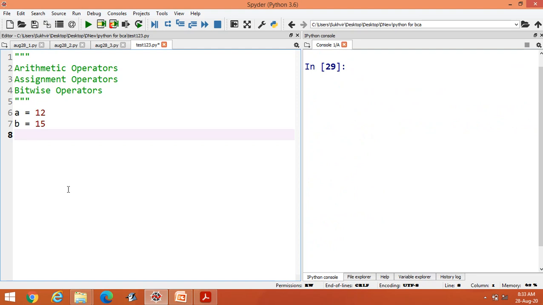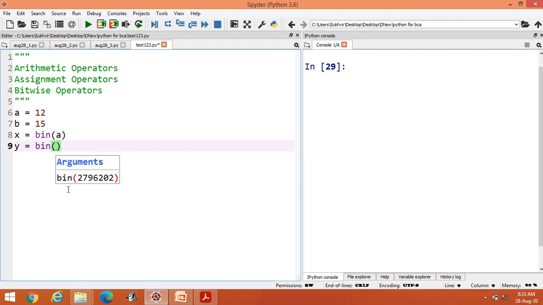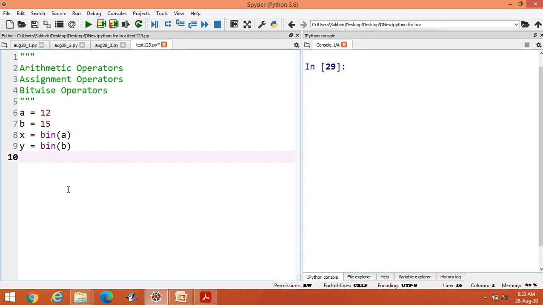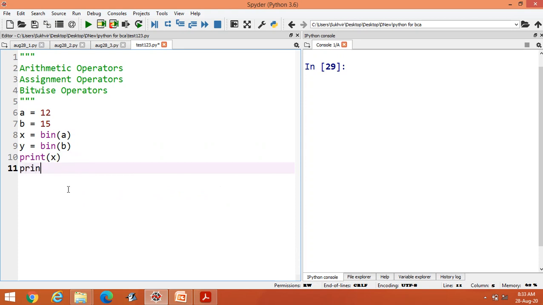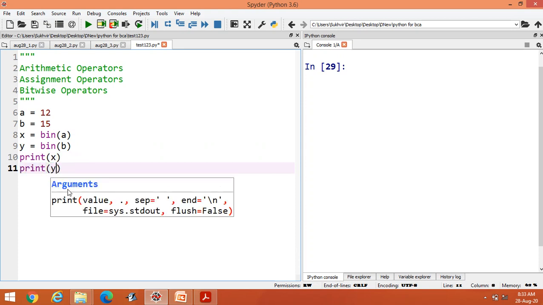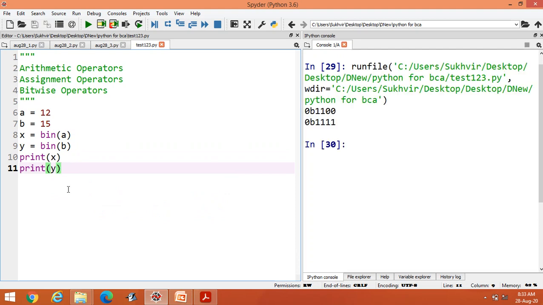First of all, you have to convert these values into binary. Then you can print the values x and y. Let us check the output.